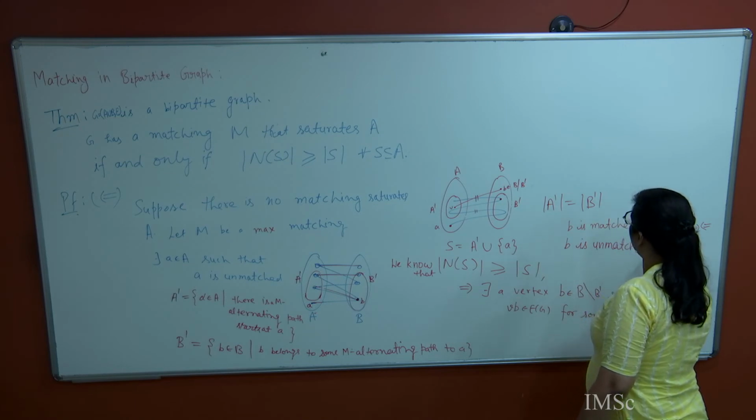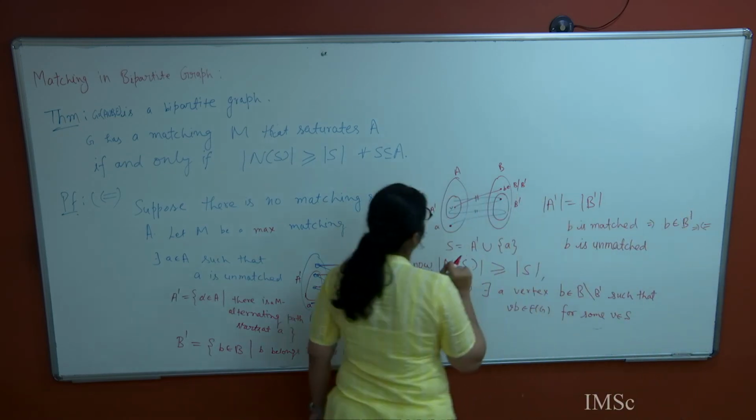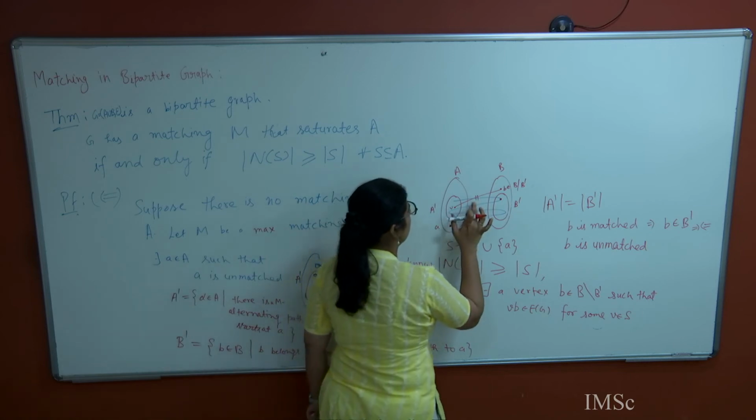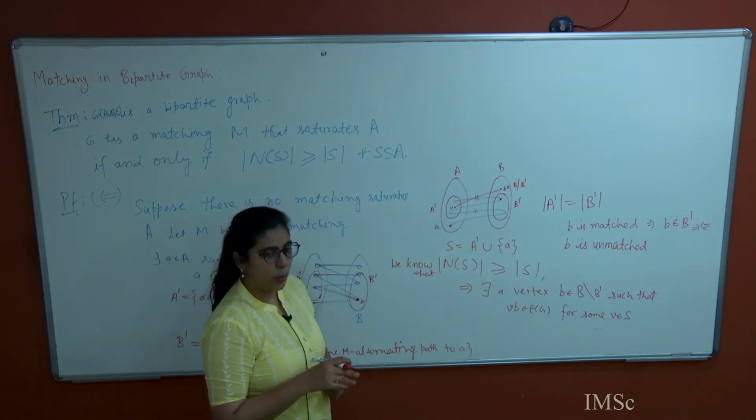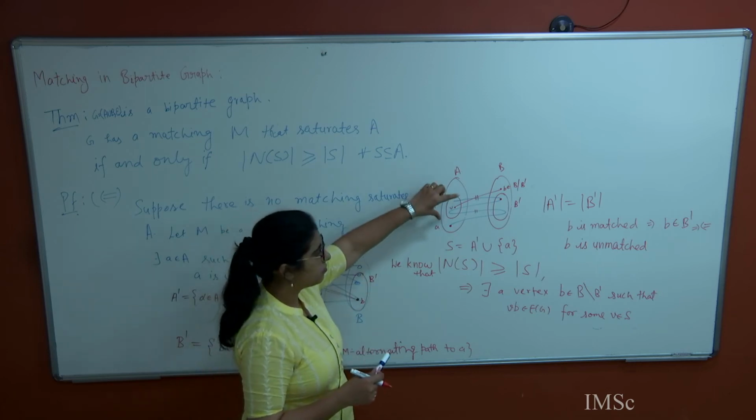So, that means B is unmatched. If B is unmatched, then are we done? Yes. So, we got some augmenting path.